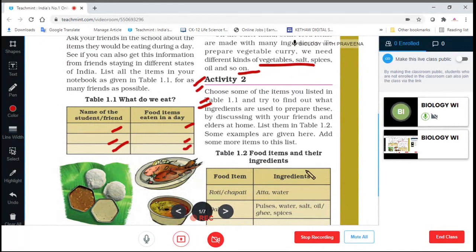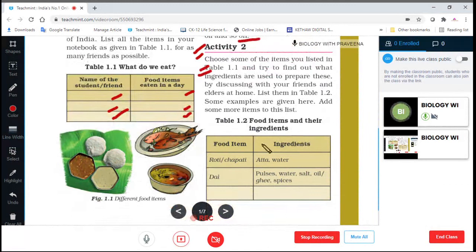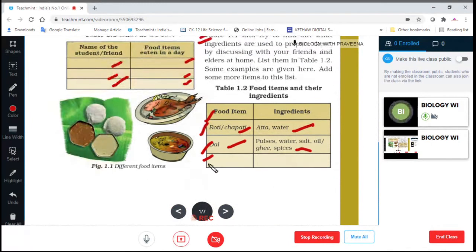List them in table 1.2. An example has been given: roti, chapati. Ingredients are atta and water; dal, pulses, water, salt, oil, ghee and spices. Whatever food you prepare at home, mention it in this table.